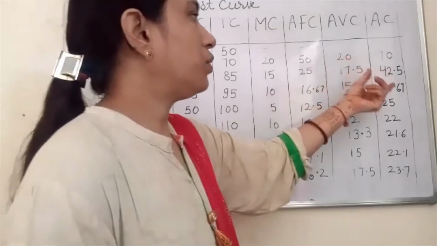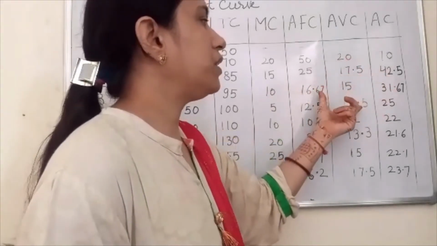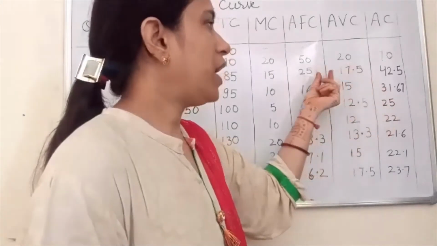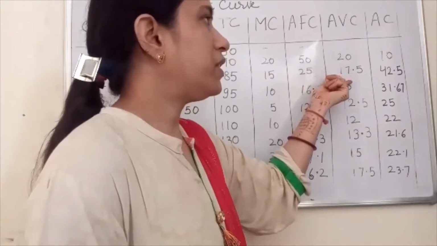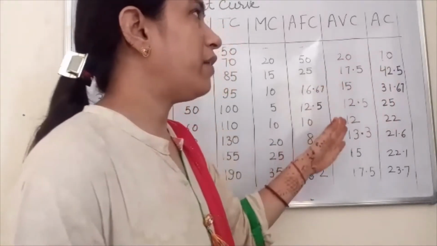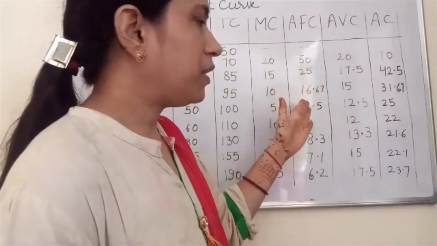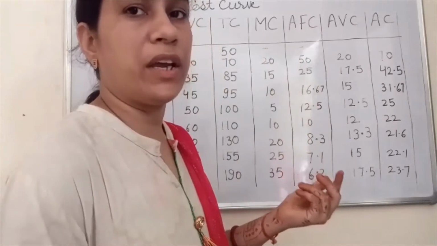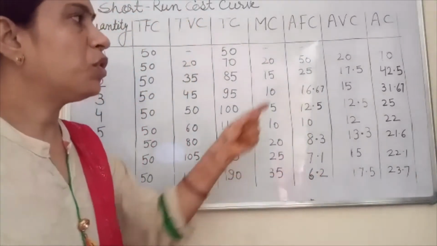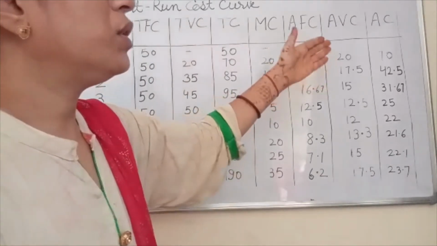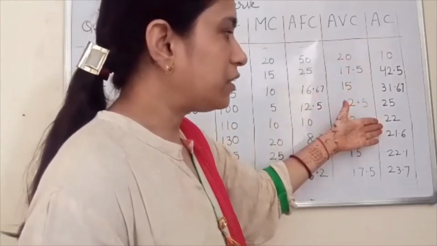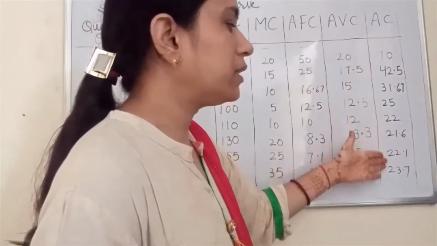And the sum of AFC and AVC is equal to average total cost. When we add AFC and AVC, we will get AC. So AC also decreases in the beginning, then it gets its minimum point and then starts increasing.